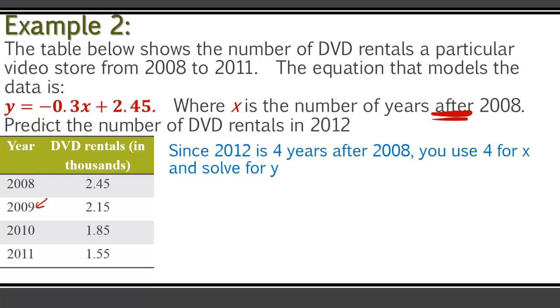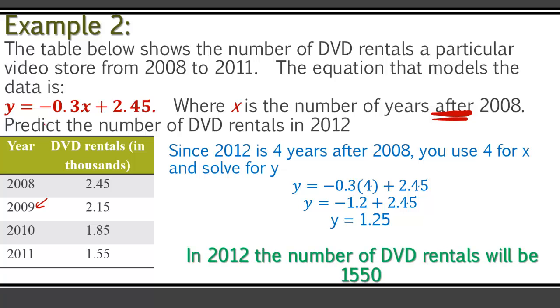So what we do is say, well, 2012 is 4 years after 2008, so use 4 for x, solve for y. So y equals negative 0.3 times 4 plus 2.45, which is negative 1.2 plus 2.45, which is just 1.25.